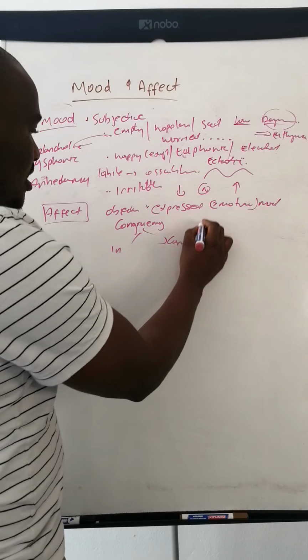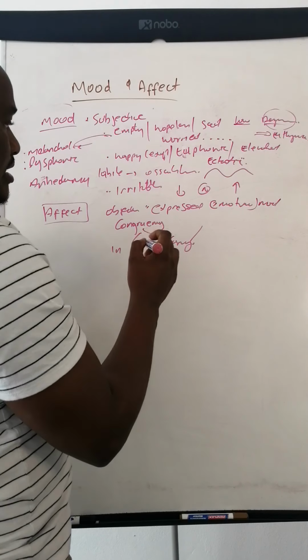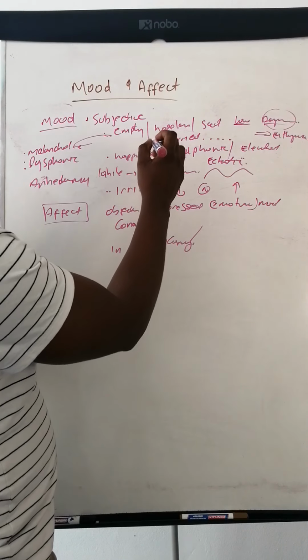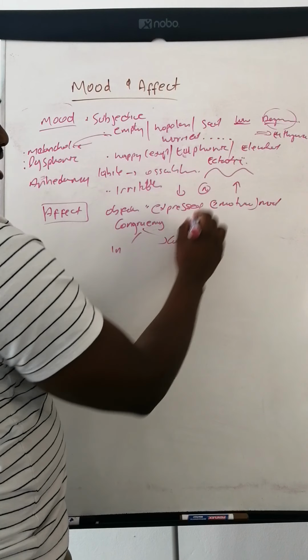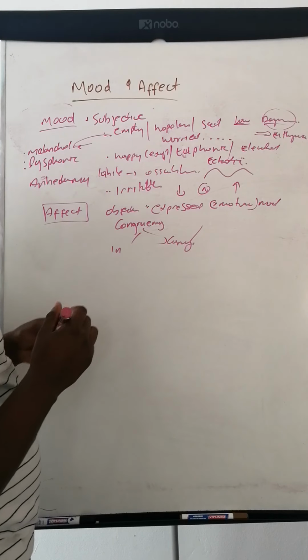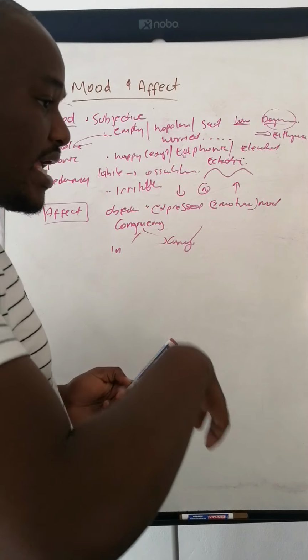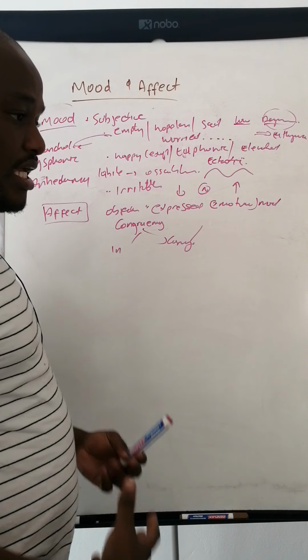When we say someone has got a congruent affect, it means that you describe yourself as hopeless, as sad, and we can still pick that up on your affect, because your affect is the way we see you.